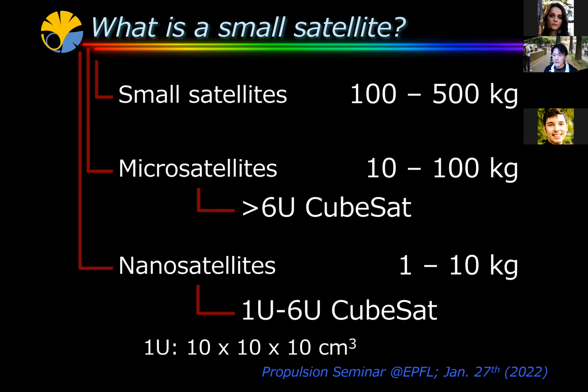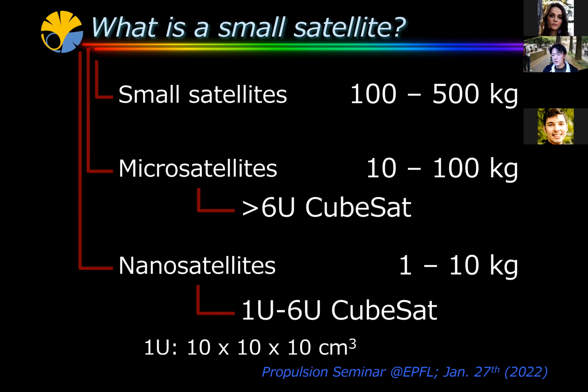In the narrow meaning, a small satellite means a 100 to 500 kilogram satellite. A standard sized spacecraft is about 1 ton or 2 tons, so in that sense, 500 kilograms is already small. And this range is sometimes called a small satellite.